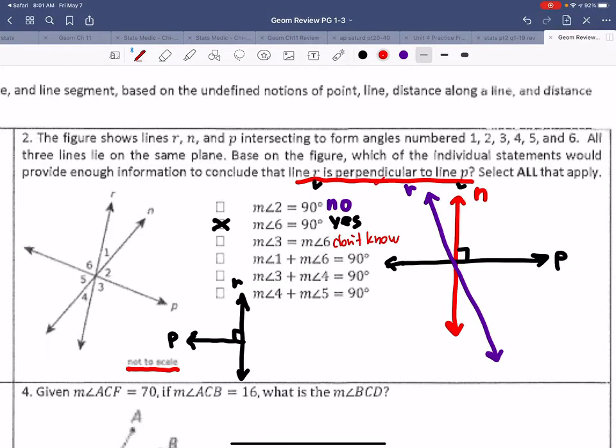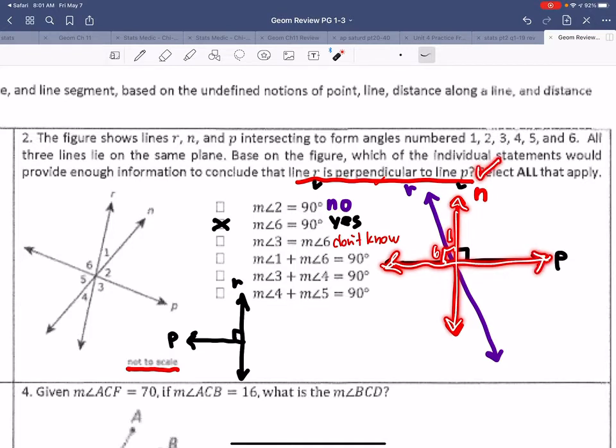What about if they told us angle 1 and 6 were 90? Okay, so if 1 and 6 were 90, we already have that over here in this picture. This was angle 6, this is angle 1. So if 1 and 6 are 90, then N and P are 90. And we're trying to get R and P to be 90.